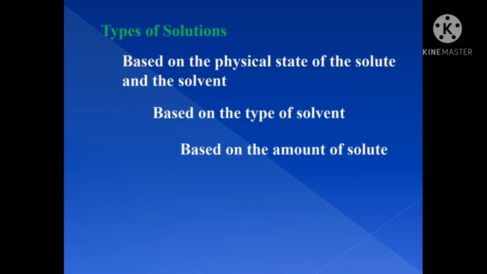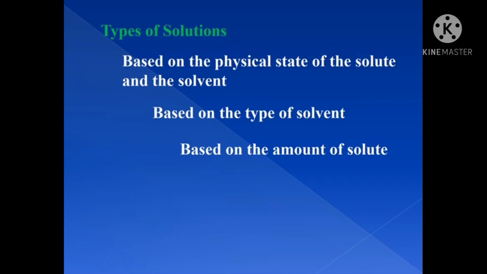So the first type is based on the physical state of the solute and the solvent. As you already know, all matter normally exists in three physical states: solid, liquid or gas. If you take a binary solution, it consists of two components, one is solvent, another one is solute.